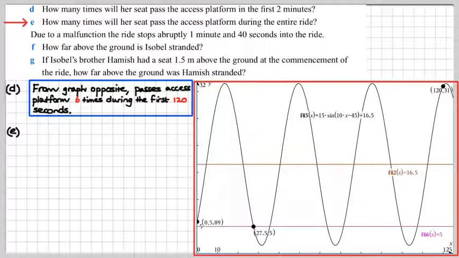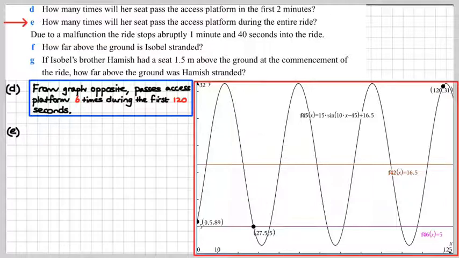So in other words, there's 10 periods or 10 cycles during the entire ride, each cycle of which she passes the access platform twice, right? You can see that she passed it twice in the first period, because the first period just ends here, the equivalent to point 2 over there, which is where she started. So one cycle further on is here, she's passed it twice, which makes sense anyway.